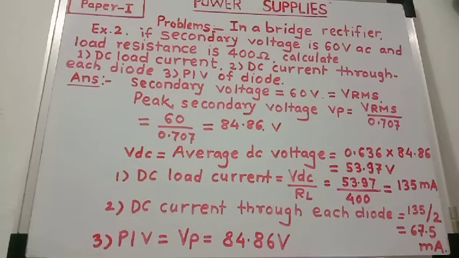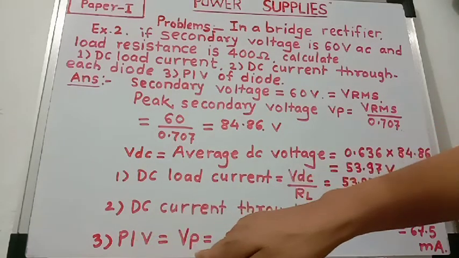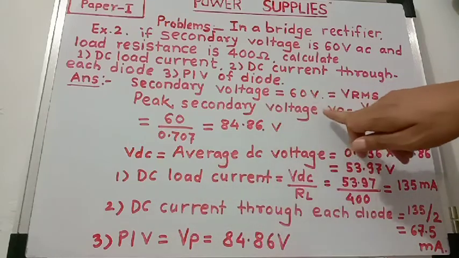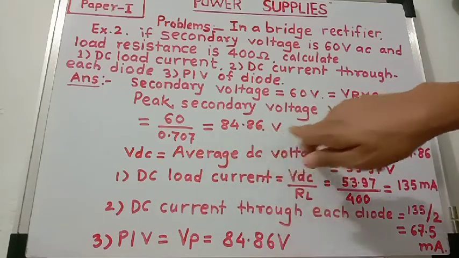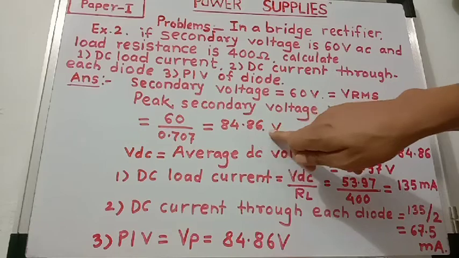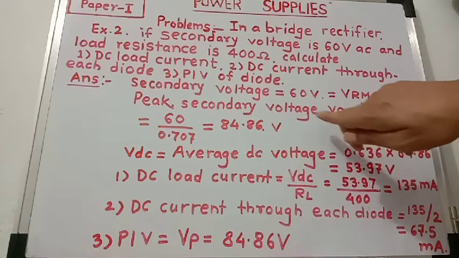We know that in a bridge rectifier circuit, the PIV across each diode, the peak inverse voltage across each diode, is Vp. So PIV is equal to Vp, and Vp is 84.86 volt.